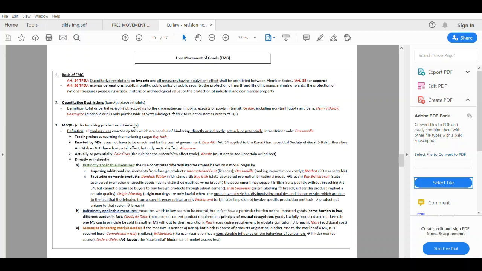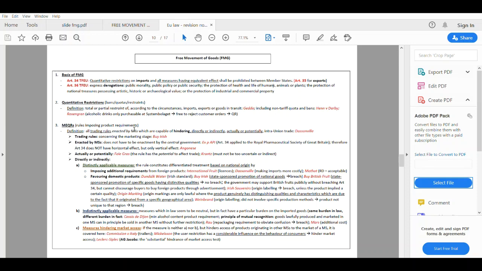Finally, the measure must be proportionate, and for this we should consider two things. First, what is the aim of a specific measure, and secondly, what are the means of achieving the member state's aim.